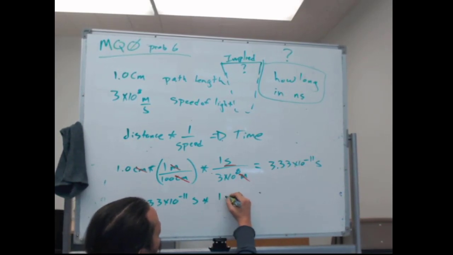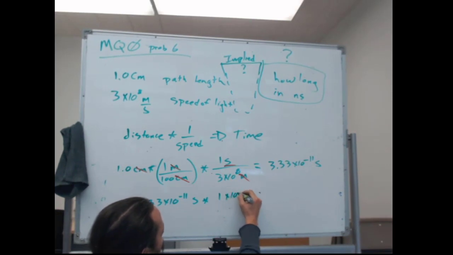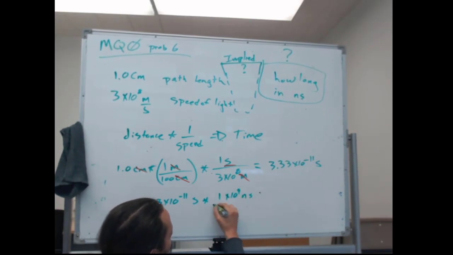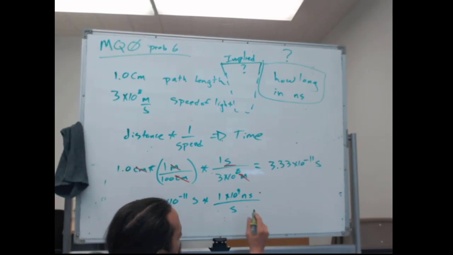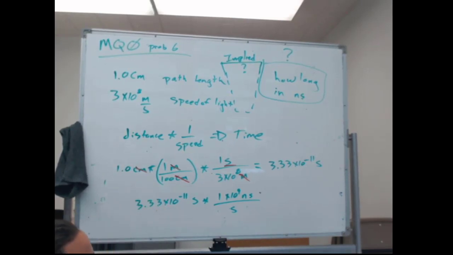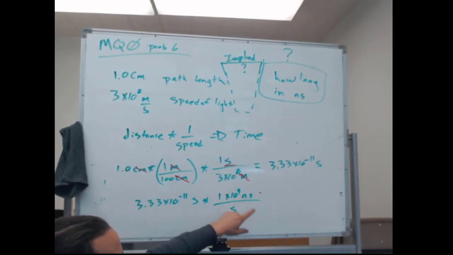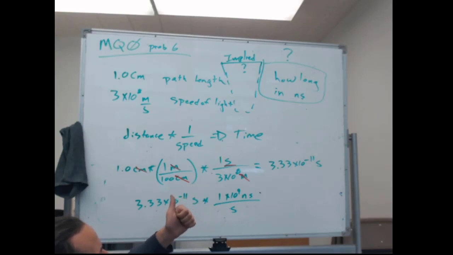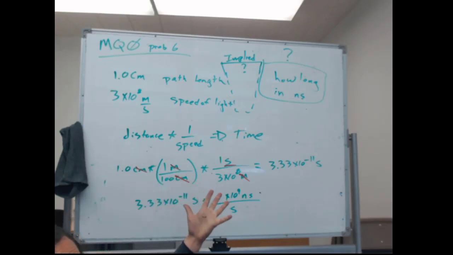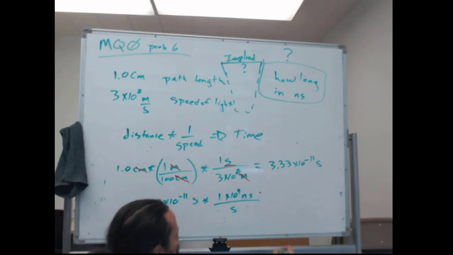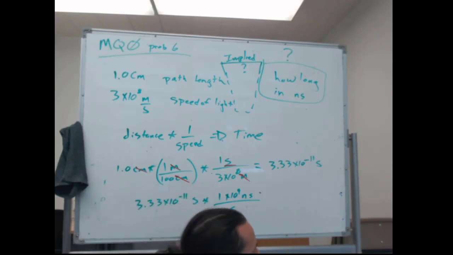So we have to know our Greek prefixes, what that nano means. That is going to be 1 times 10 to the positive 9 nanoseconds for every 1 second. And there's a couple really important prefixes that we're going to be using. It's the kilo, centi, milli, micro, and nano. And I'm going to write those on the board in just a moment because these are important. They're going to come up very often.